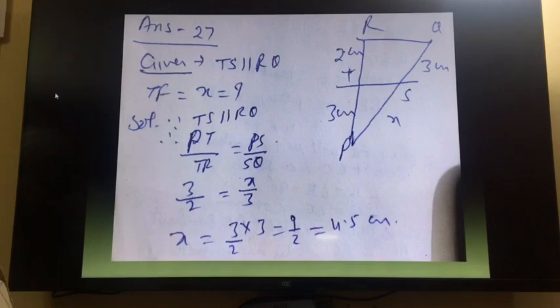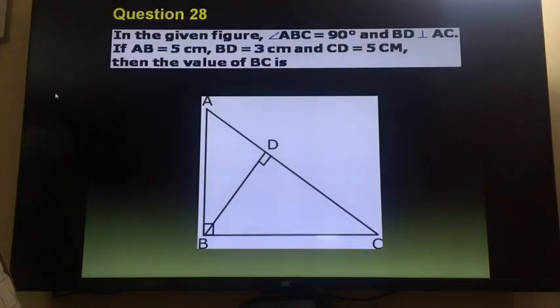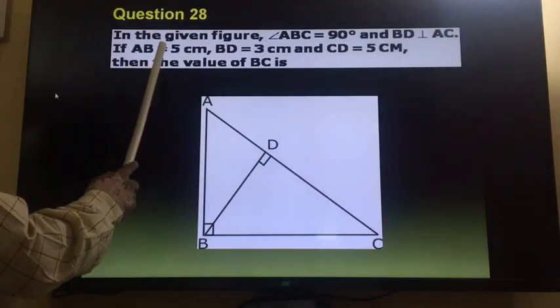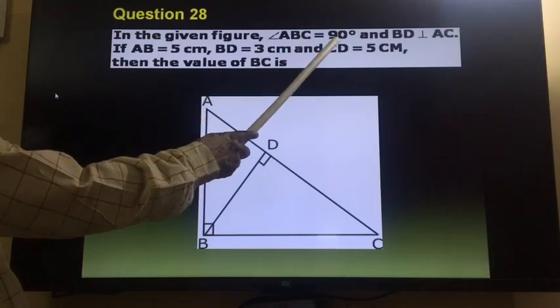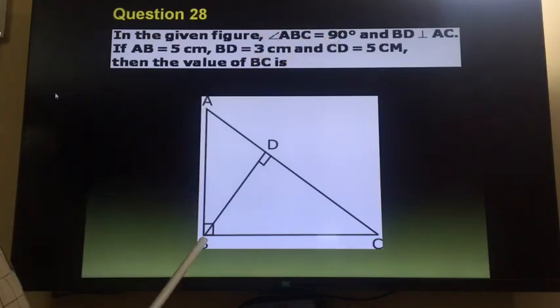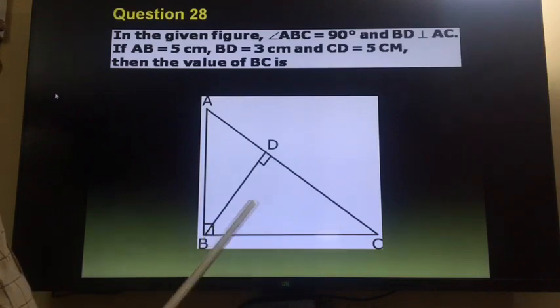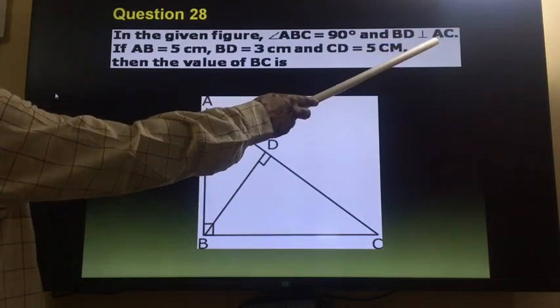Now question number 28. Both the previous questions were of the same type, with the same formula. Question number 28: in the given figure, angle ABC is 90 degrees, and BD is perpendicular to AC.